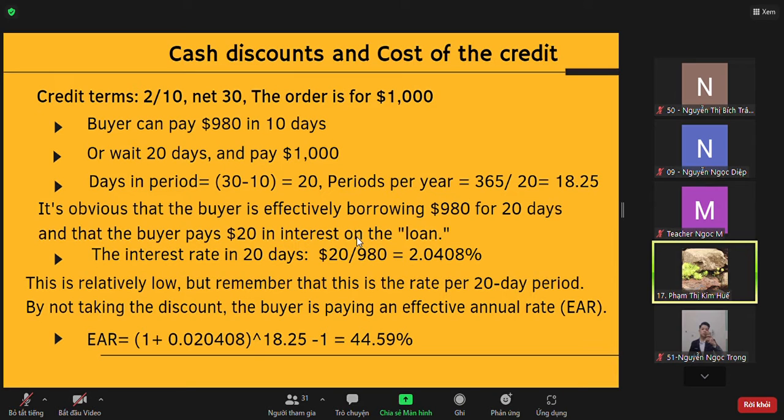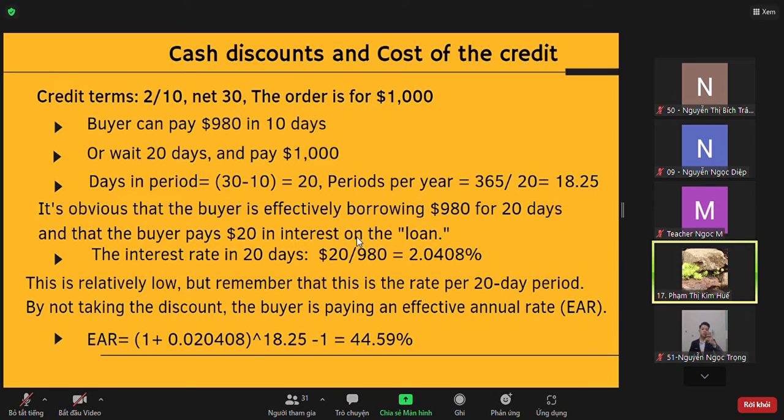The interest rate for 20 days is $20 divided by $980, equal to 2.04%. It's relatively low, but remember that this is the rate per 20-day period. By not taking the discount, the buyer is paying an effective annual rate, short name EAR.